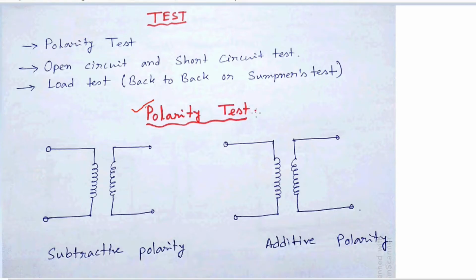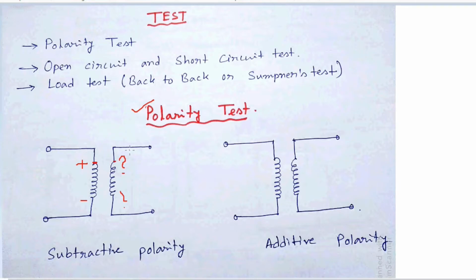The importance of this polarity test is that during parallel operation we should know the polarity of the transformer windings. That means at an instant of time, if this terminal is positive, this terminal will be negative, and at the same instant we must know the polarity in the secondary winding terminals.